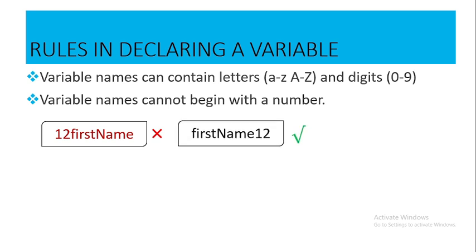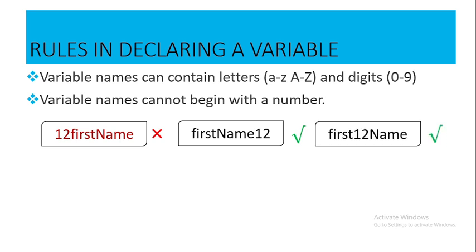But we can have firstname12. This is a valid variable name. Why is it a valid or correct variable name? Because it doesn't begin with a number. It can have numbers within it, but the number cannot begin the variable name.